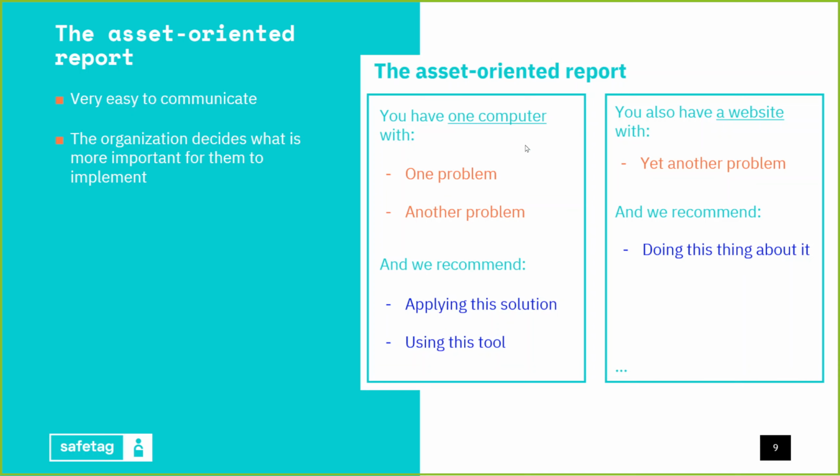Maybe it's this computer, or the website, or any other thing. But they will have easier ways to decide that. It's also easy to share with third parties, because if I have a consultant that is managing the website, I only take that section and send it to this person or this company.